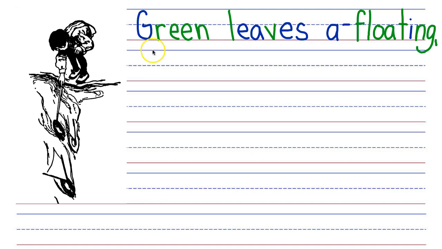Next line, castles of the foam. Castles is spelled C-A-S-T-L-E-S. The sight word spelled O-F.